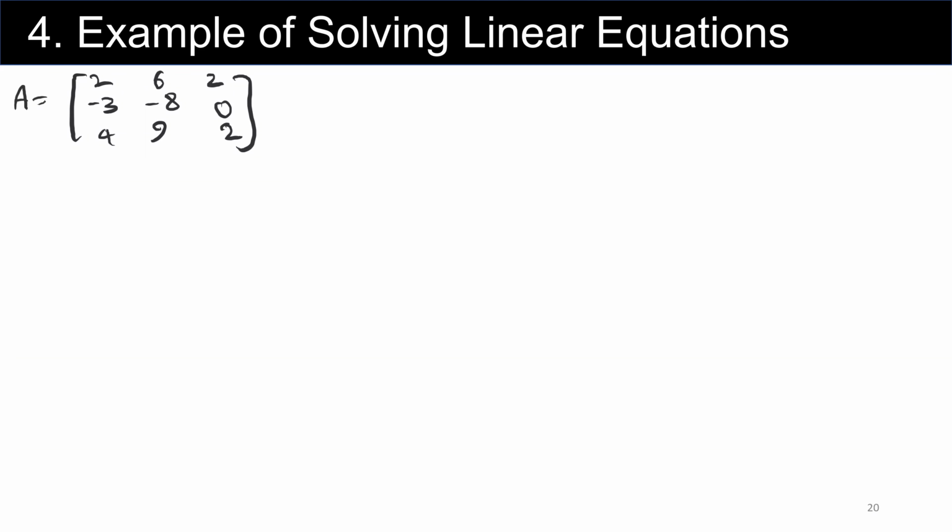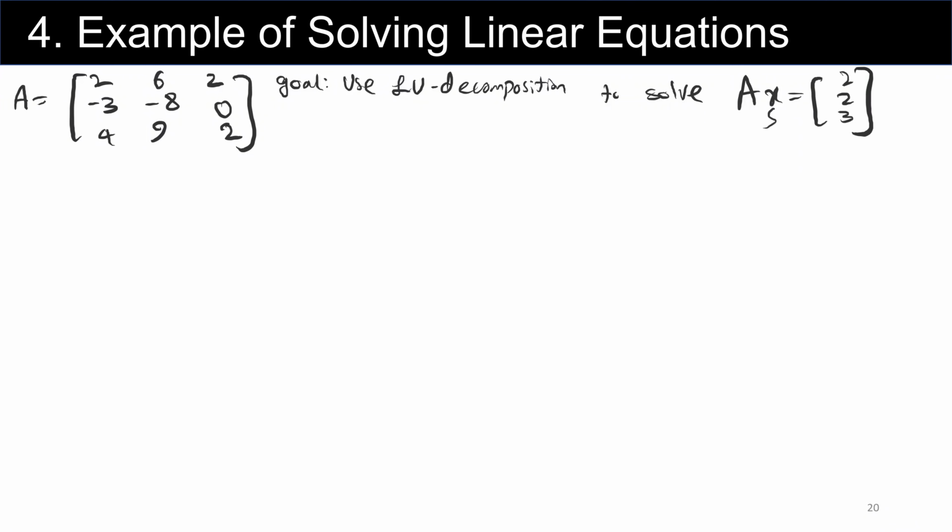And what we want to do is use LU decomposition to solve the linear equation AX equal to [2, 2, 3]. What is X? X sub 1, X sub 2, X sub 3. A is a given matrix.